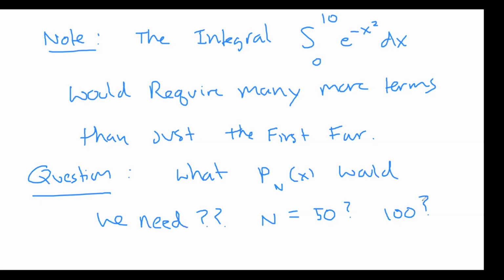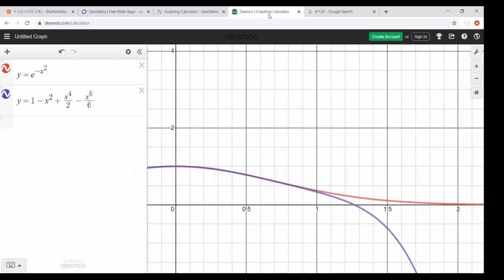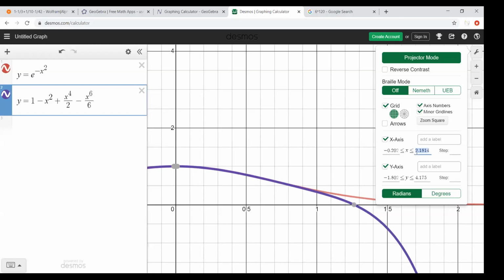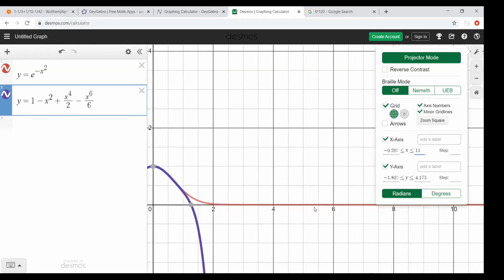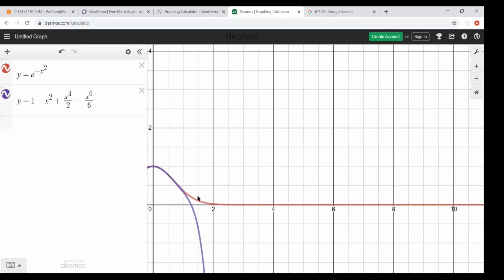Now, you could experiment for yourself. What you could do, Jeff, or if anybody was interested, is go to Desmos and just continue this pattern. Say you changed your scale out to, let's say, 10. Well, you'll notice that I need to go a few more terms to make it match. So what's the next term in the pattern?